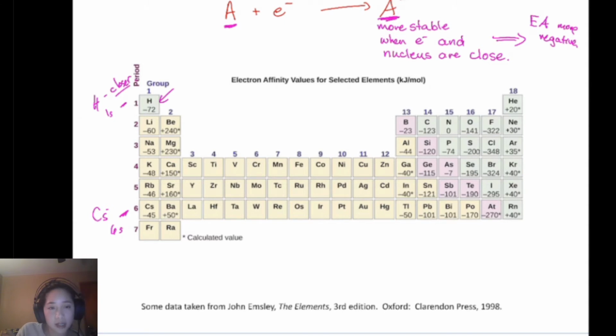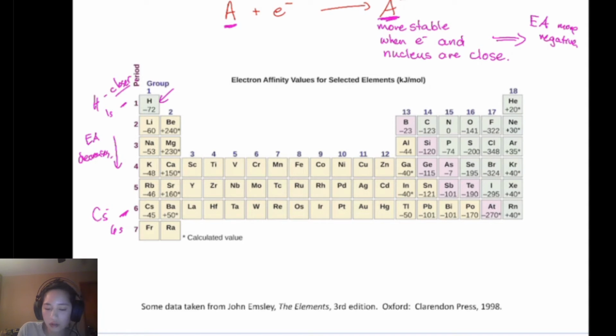Versus for cesium, if we're making a cesium minus, we're adding it to a 6s shell, it's much further away from the nucleus, so we don't get that electrostatic stability that we would get for a negatively charged hydrogen ion. So if we compare forming a hydrogen anion versus a cesium anion, since we're adding an electron for cesium further away from the nucleus, we don't get as much energy back.